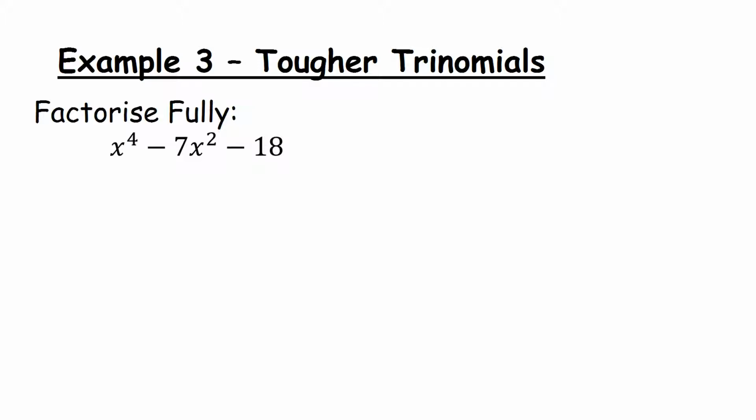However, we're going to use a different letter. So if I said, for example, y is equal to x squared, then y squared will equal x squared squared, which is actually equal to x to the power of 4.